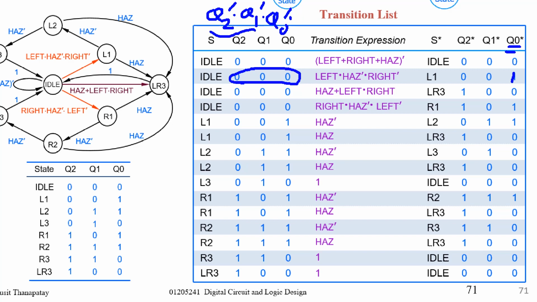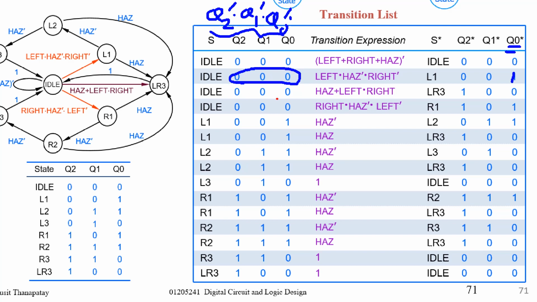If this condition becomes true, that means now the state machine is at state idle, right? Because this condition will be true just only when the value of Q2, Q1, Q0 is 0, 0, 0, and 0, 0, 0 is the idle state.